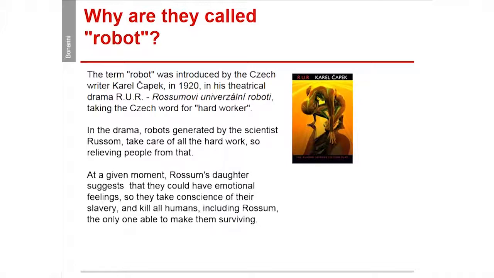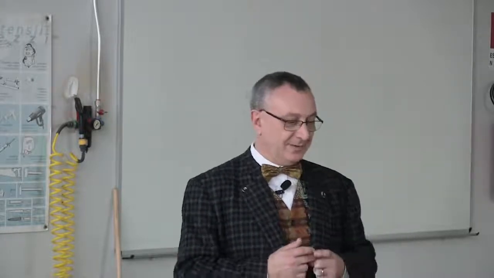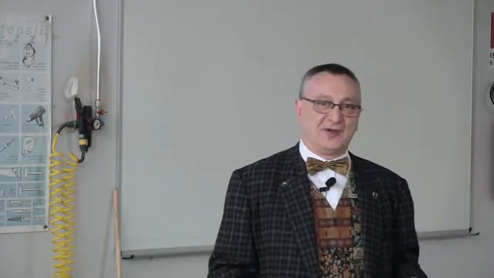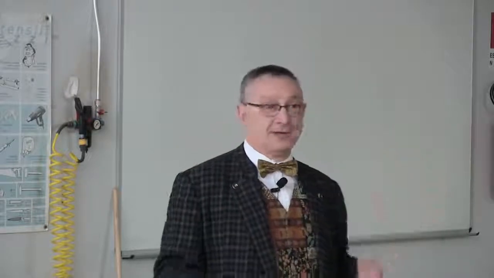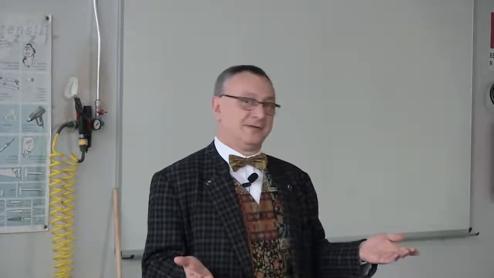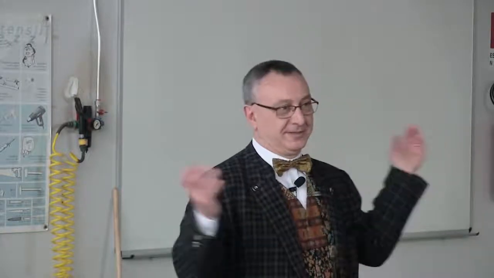So she suggests to have them feel these emotions, and this is damage for everything, because robots say, okay, we wouldn't like to be slaves, we would like to be free, so they kill all the humans, including Rossum, including the only person that was able to keep them alive. So at the end of the drama, everybody dies, as in a Shakespeare drama.